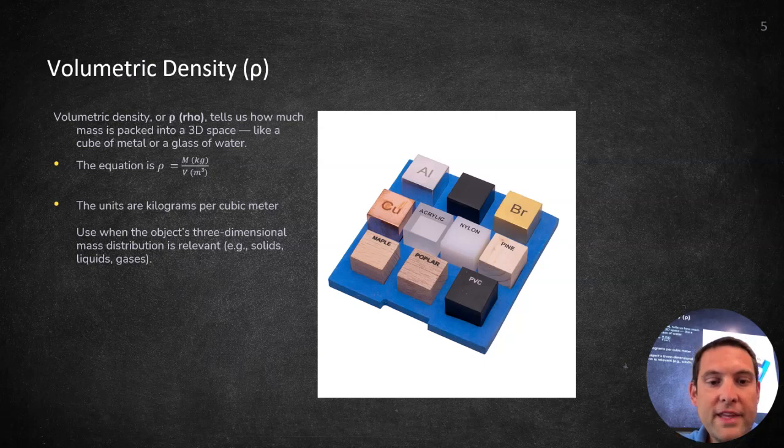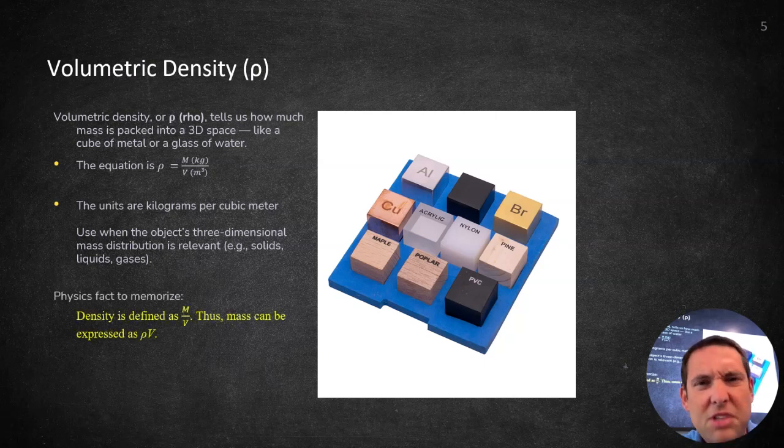Use this when the object's three-dimensional mass distribution is relevant. This works for solids, liquids, gases, usually solids for us in AP Physics. A physics fact you should have memorized is density is defined as mass per unit volume. You can improve that definition with volumetric density is defined as mass per unit volume. Thus, mass can be expressed as rho times v, or density times volume.